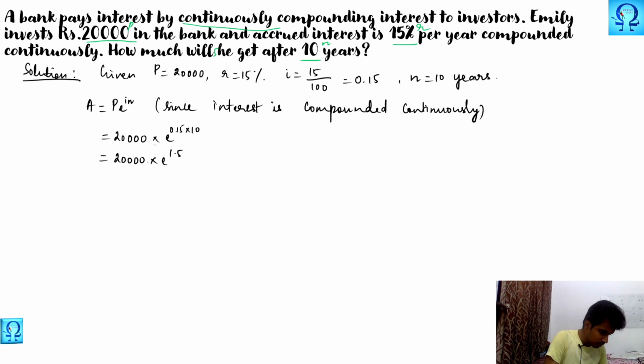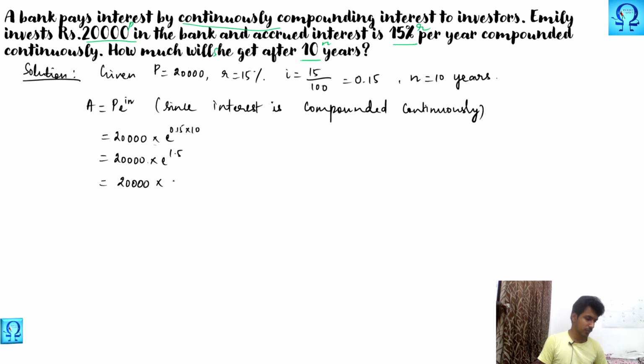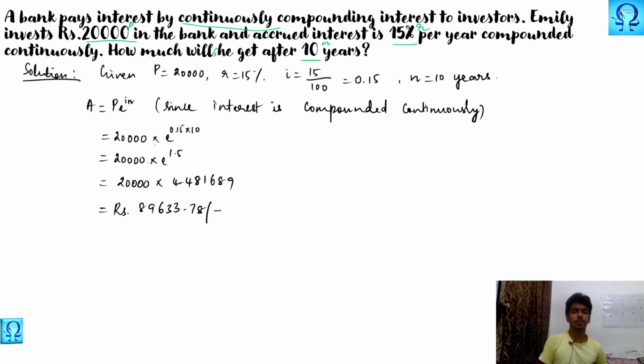It is 4.481689. And if you multiply this with 20,000, we would get rupees 89,633 and 78 paise.